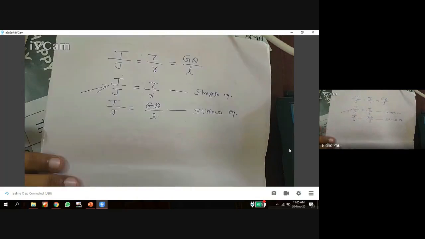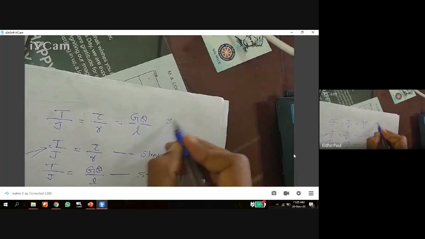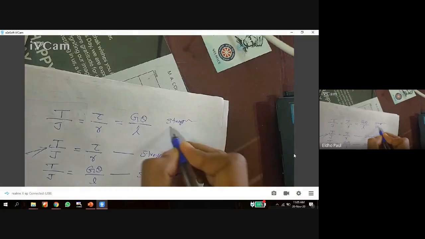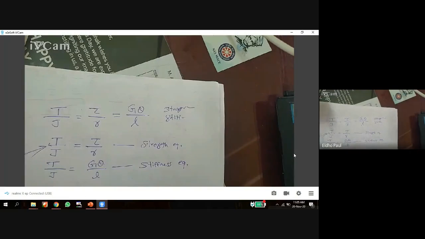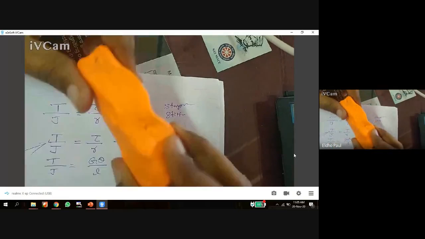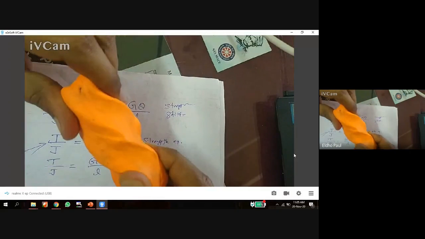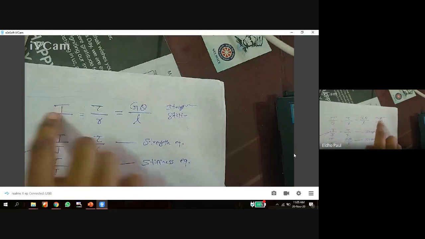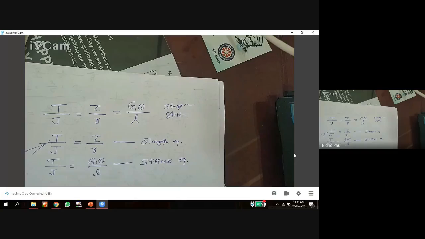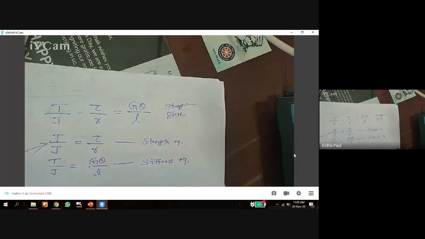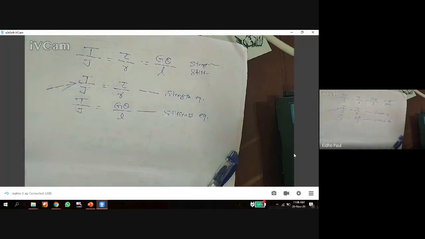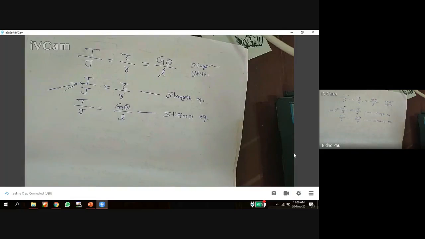And if you want to design a shaft with both strength and stiffness criteria, a shaft which should not deform in a severe manner and should not have any crack or fracture, then we have to use the combined equation. So we can split the torsion equation into the strength equation and the stiffness equation.